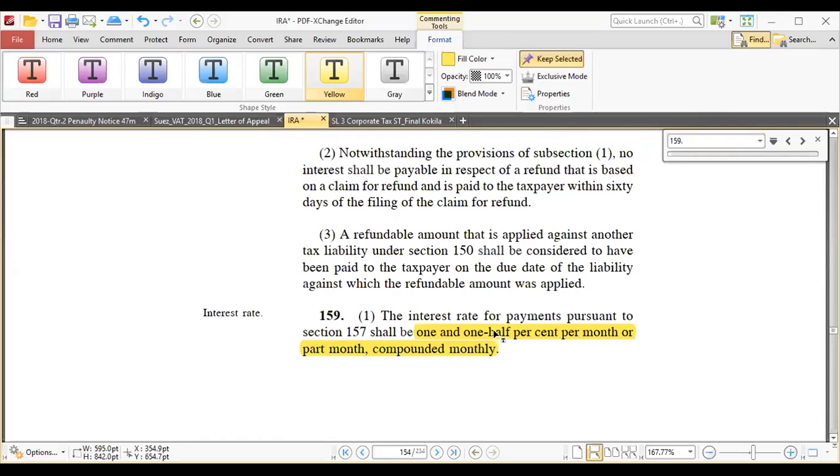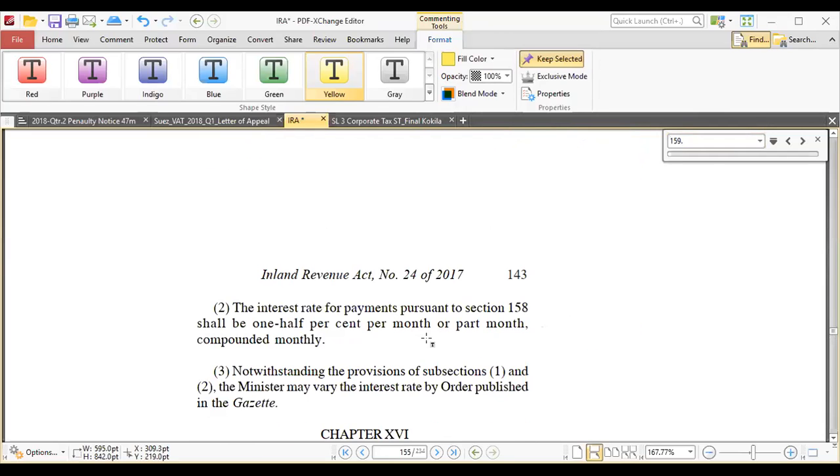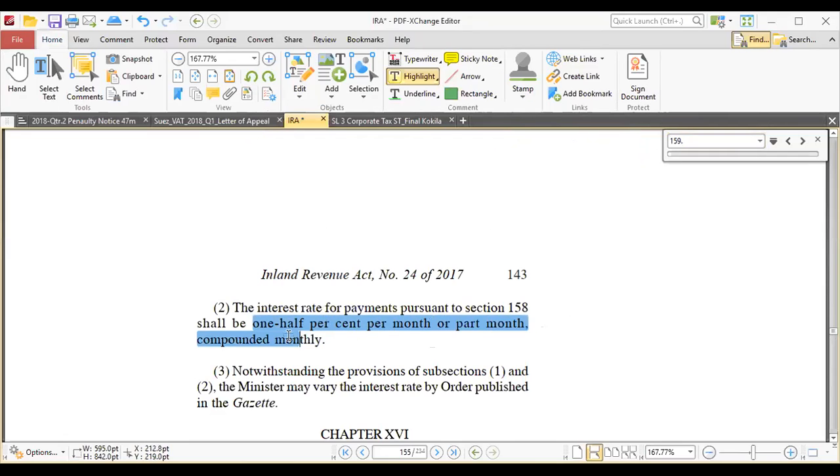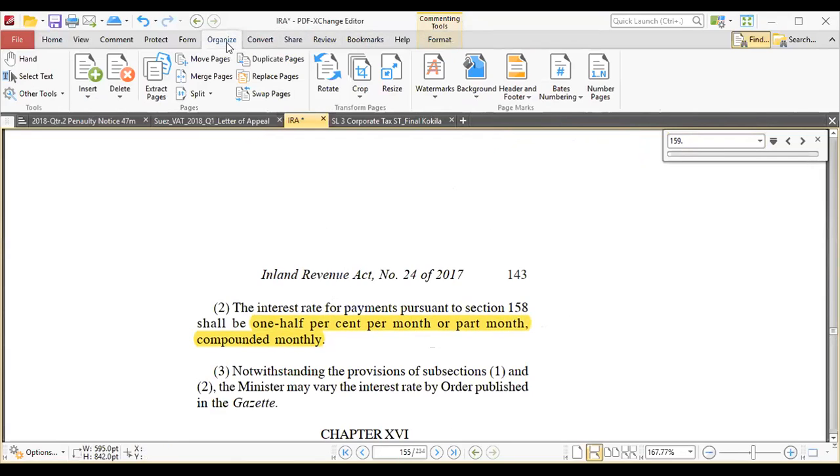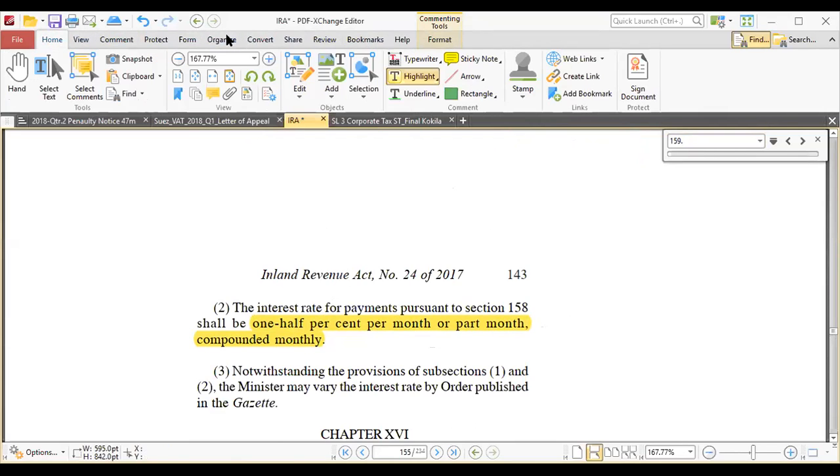Here referring to the section, there is the 0.5% and the 1.5%. The 1.5% they are taking from us if we couldn't pay on the due date. But what is 0.5%? 0.5% is what the department pays if we overpaid tax to the department.